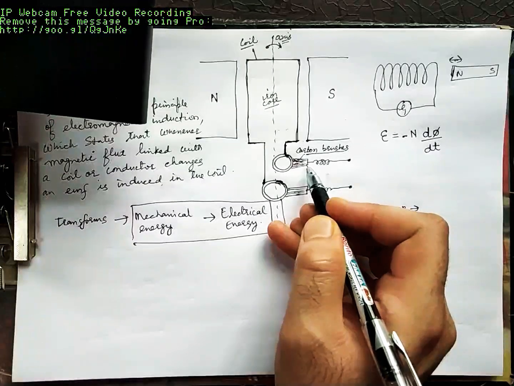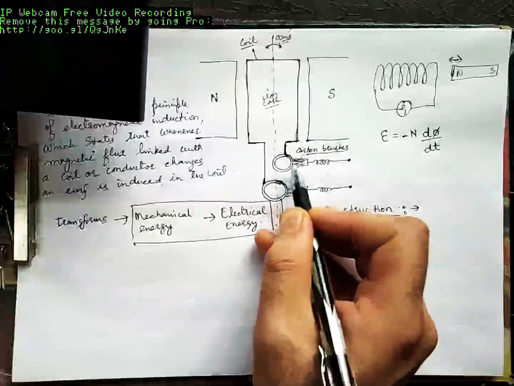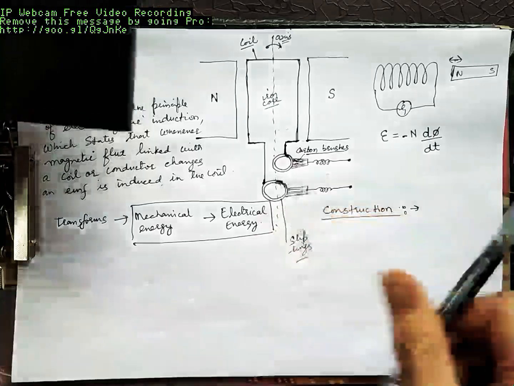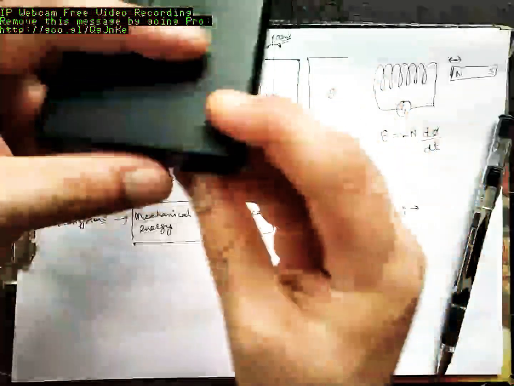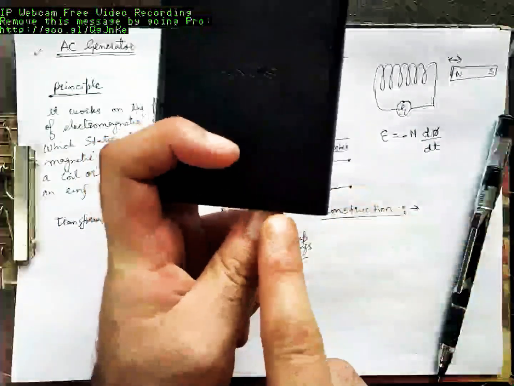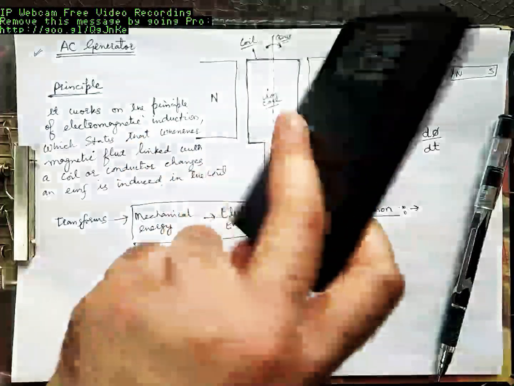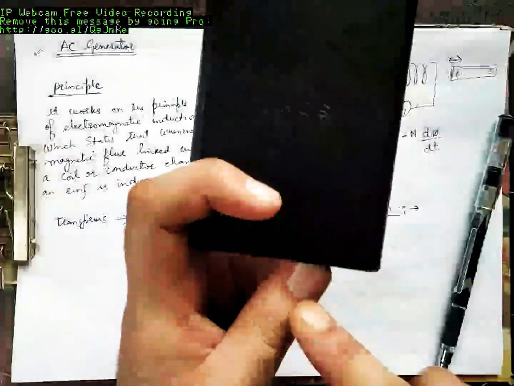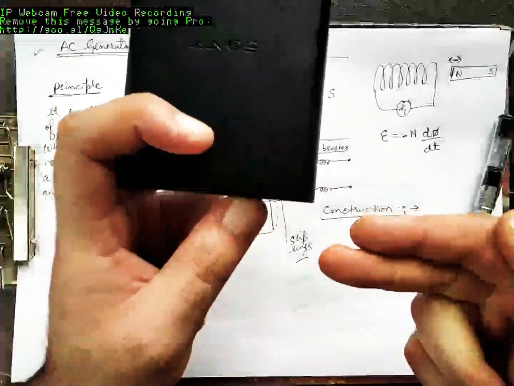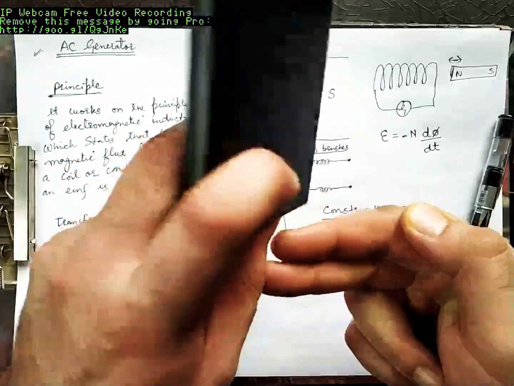Fine. So when this coil rotates, though this slip ring rotates with it, this carbon brush will keep on sliding. What I mean to say here is, suppose this is a coil, and let's suppose this my left thumb here is one of the slip rings. Whenever this rotates, it also rotates with it. And I am using here a carbon brush, which is just sliding on the slip ring. When you rotate, this is just sliding.